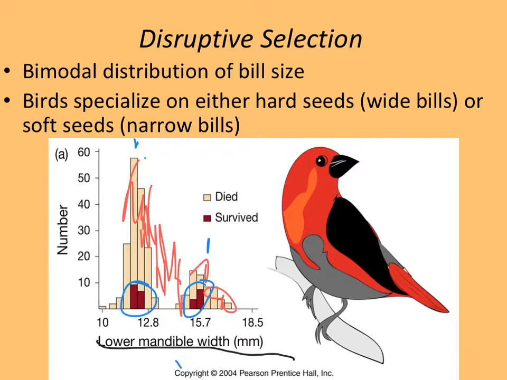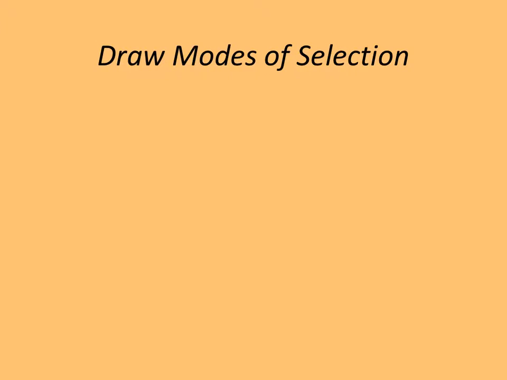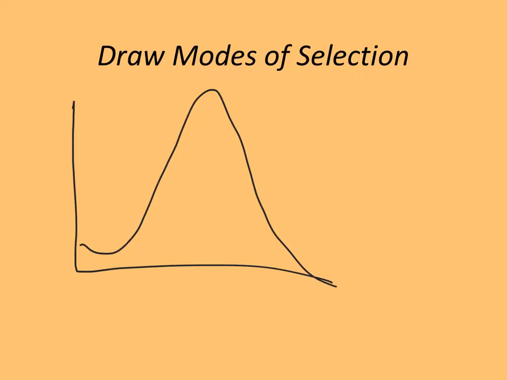So let me show you again. Here's our distribution. Now there's selection against individuals who are in the middle in terms of seed size, or in terms of bill size. The ones that are in the middle don't have an advantage with the big seeds, they can't crack them, and they don't get at the small seeds as well and efficiently as those with a small bill.